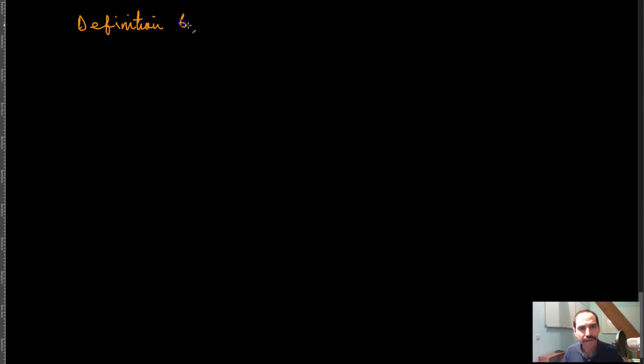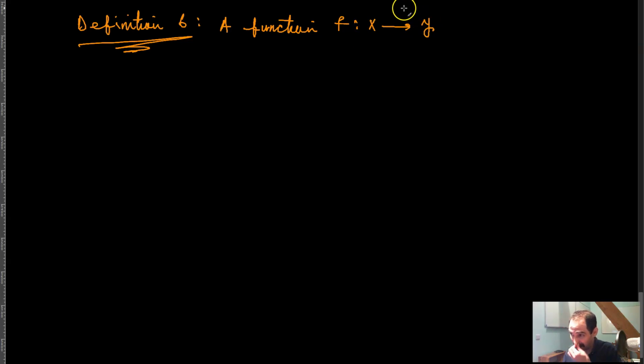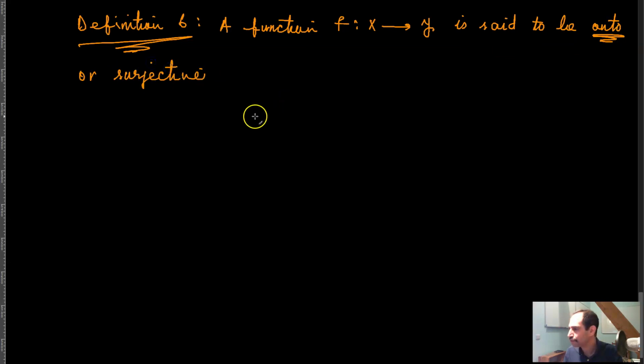A function f from X to Y is said to be onto or surjective if every element of Y is the image of some element of X under f.